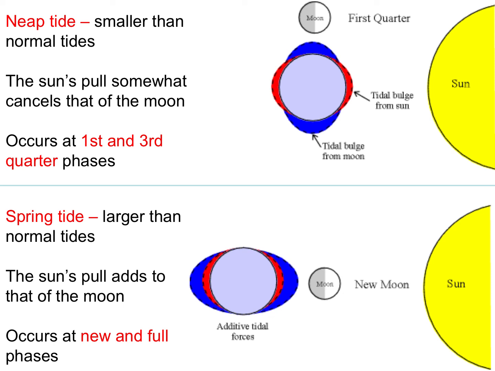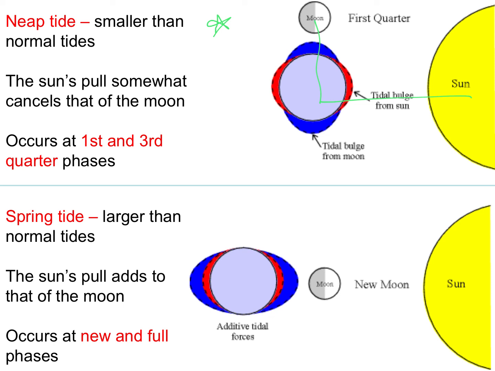Regular high tides and low tides are caused by the moon's gravity, as seen in the blue areas. But the sun also has an effect on the tides, represented by the red areas. The sun's effect isn't as great since the sun is so much farther away than the moon is. A neap tide is when tides are smaller than normal. The sun, the Earth, and the moon are at right angles to one another.